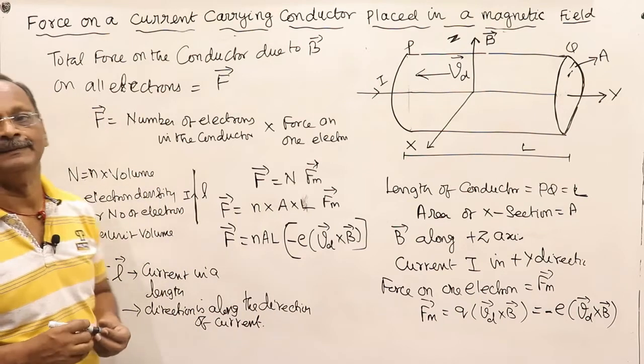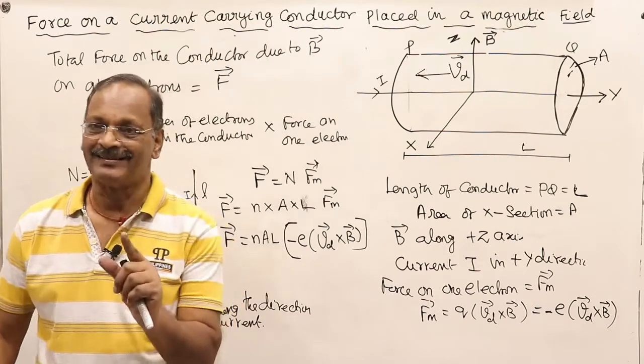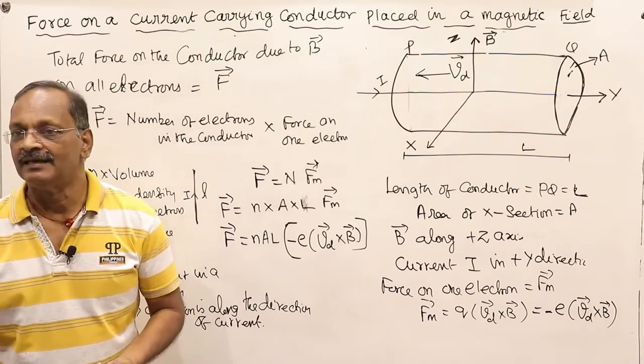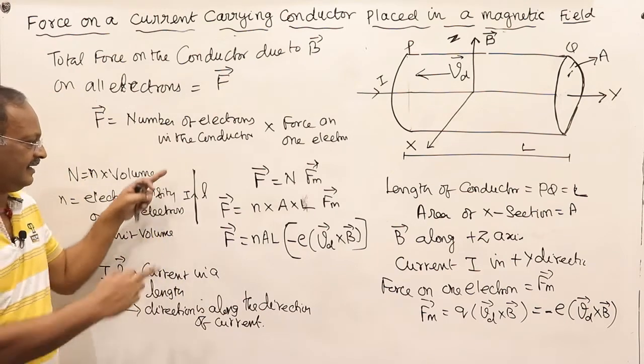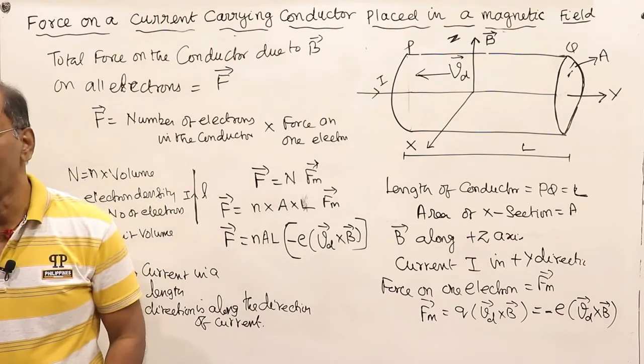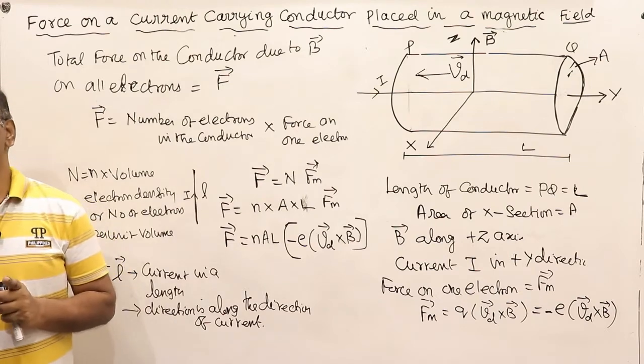What is IL? IL is the current element vector, that is current in a given length. Its direction is along the current direction.